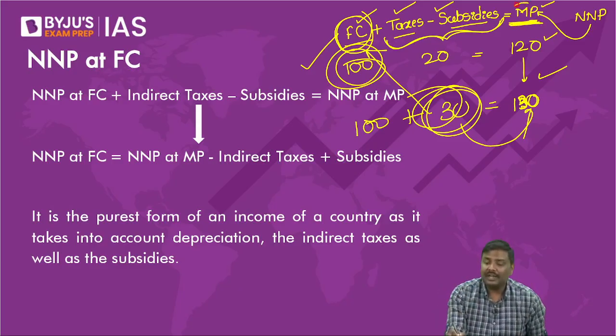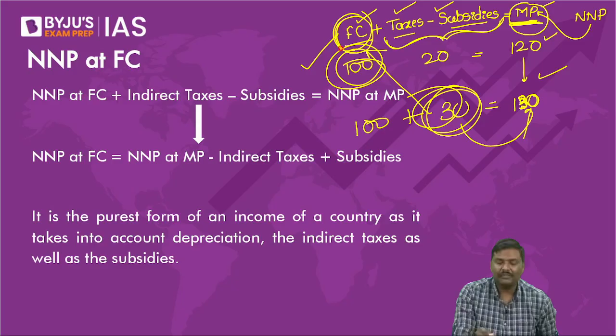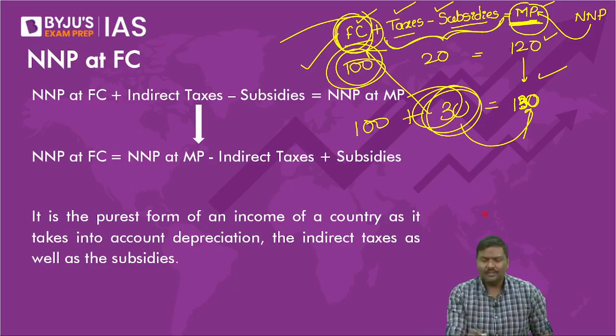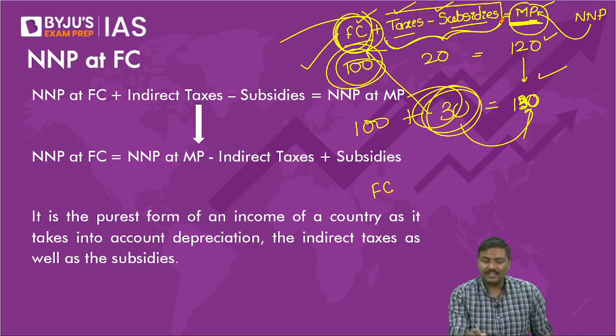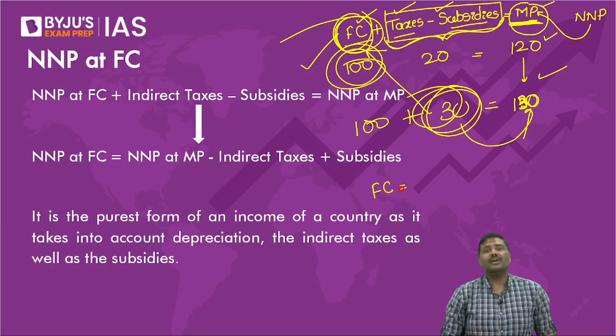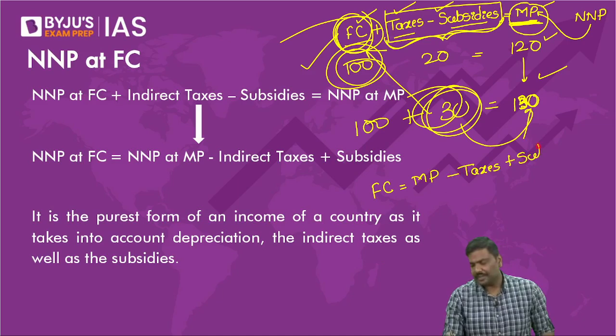Rather than calculating NNP at market prices, now we will calculate NNP at factor cost. How do we do that? Simple. Formula is there. We will keep factor cost on one side. We will take the remaining, that is the taxes and subsidies, on the other side. That is, factor cost is equal to market price minus taxes plus subsidies.